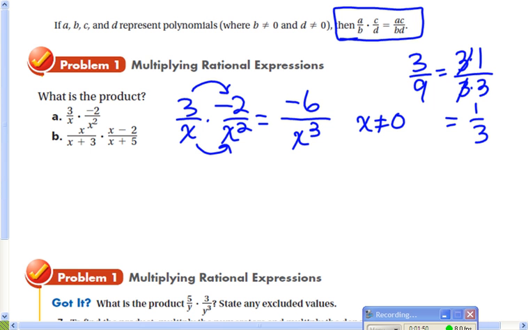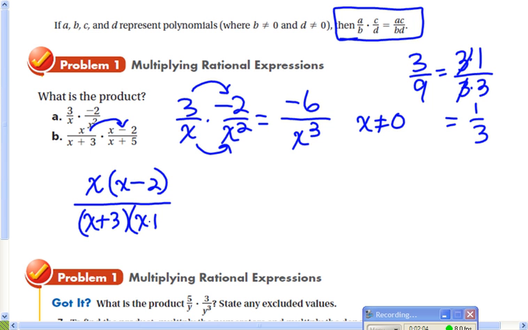The second product, we have x times x minus 2. So we can write it like that, over x, the quantity x plus 3 times the quantity x plus 5. And that would be our answer. We could point out that x cannot equal -3 because we can't divide by 0.